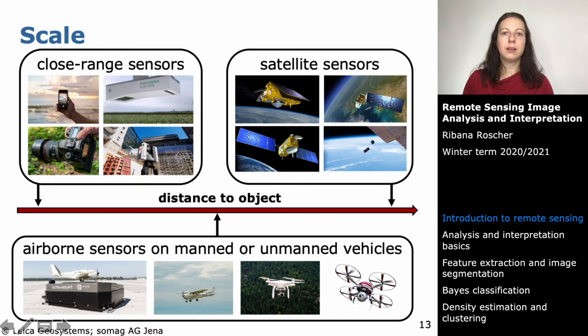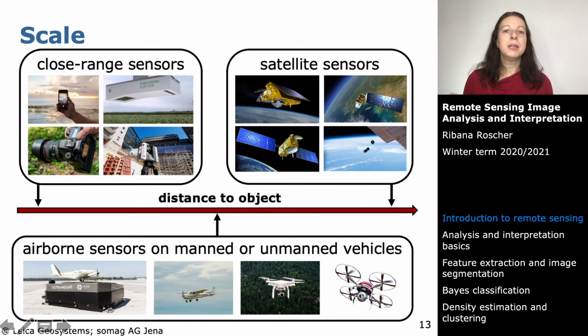monitor the Earth, it's also that they can look the other way around and have a look at other planets, or also the universe or some stars, whatever is interesting for us and what we want to sense.